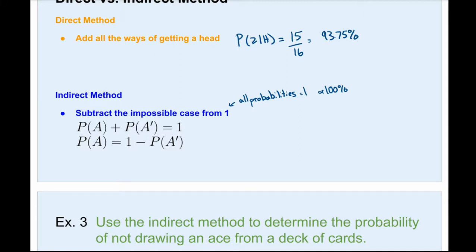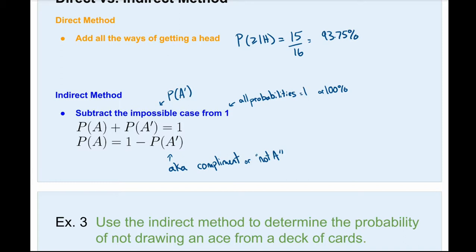The impossible case, this is what we refer to with the P(A) with the apostrophe. You could also call it the complement. So it's also known as the complement or not A. So what is the probability of not A?